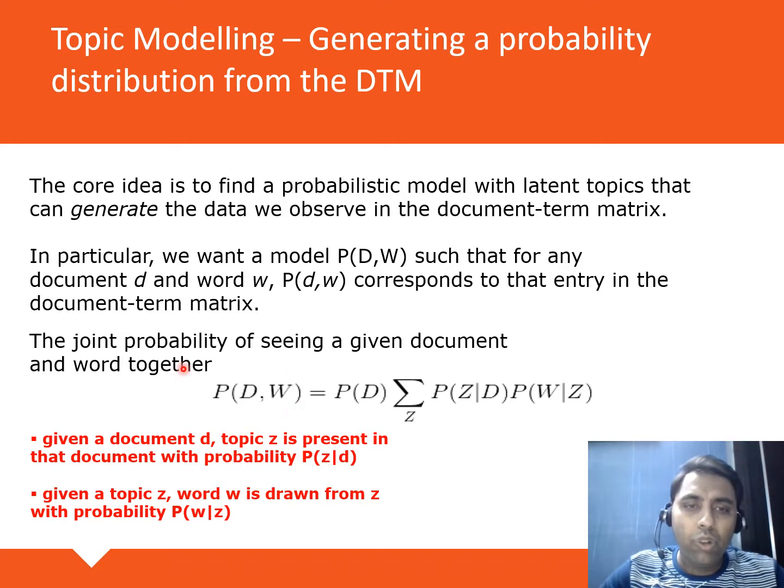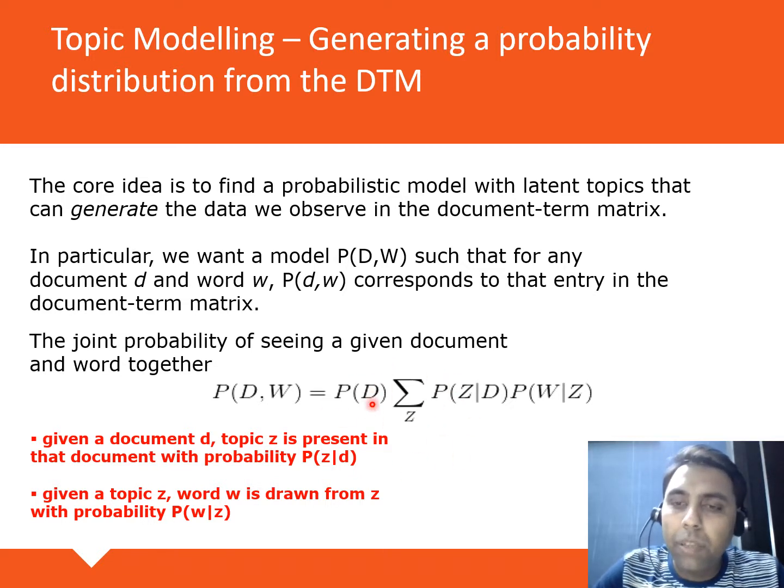And now, probabilistically, the joint probability distribution of documents and words can be expressed in a format like this. I'm not going into the derivation of how the conditional probabilities come out in this expression, but it turns out that the joint distribution can be expressed like this. In this expression, the probability of a document is an unconditional probability, and it is independent of the words or the topics.